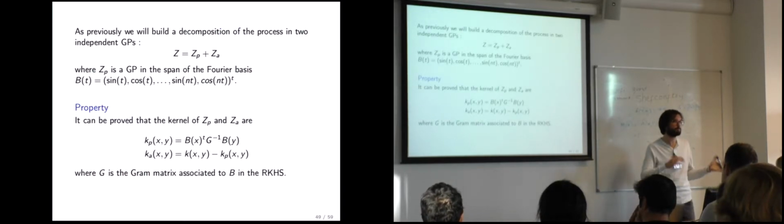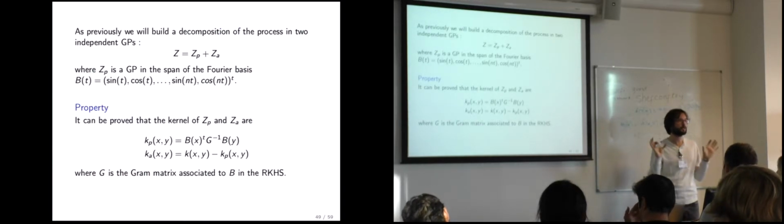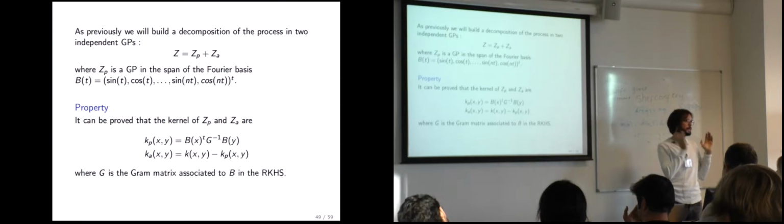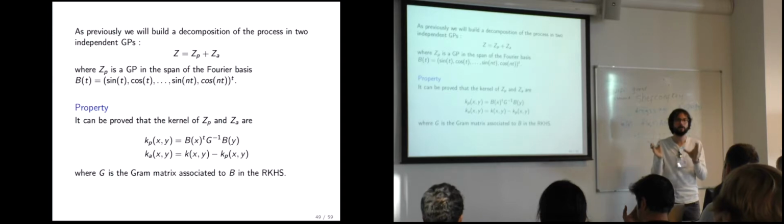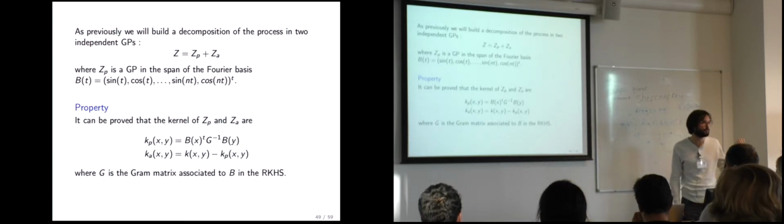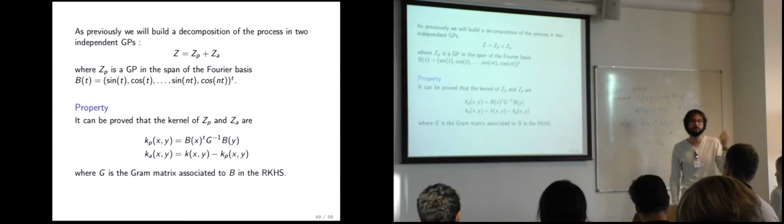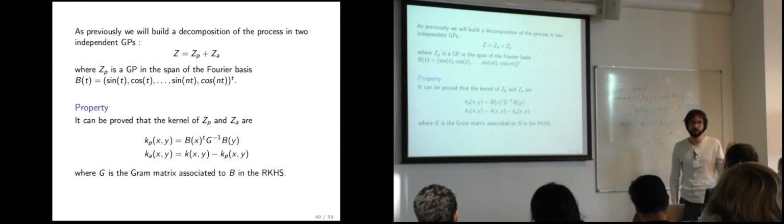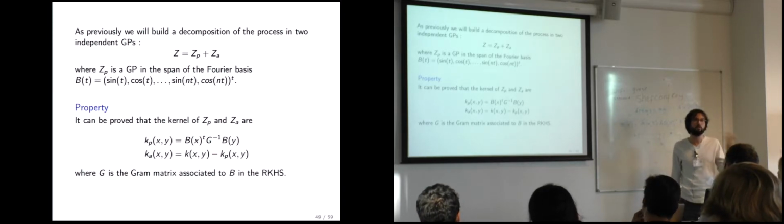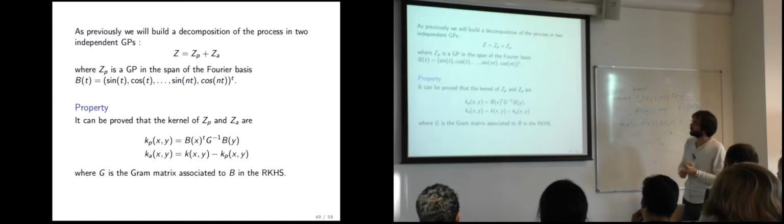As we did previously, we're going to consider a GP that is a sum of two GPs, one that has periodic sample paths and another one that has sample paths that are not periodic at all. So what does it mean to be not periodic at all? It means that if you project that on the basis of sines and cosines, then you end up with 0, right? So it's a GP such that the sample paths are orthogonal to the sines and cosines functions.